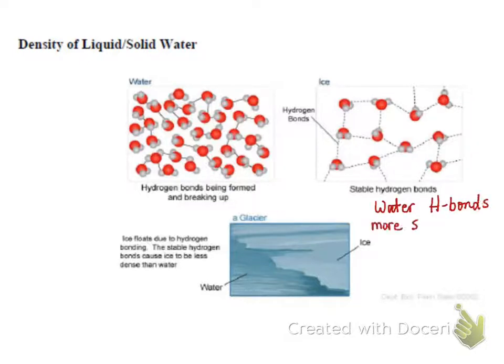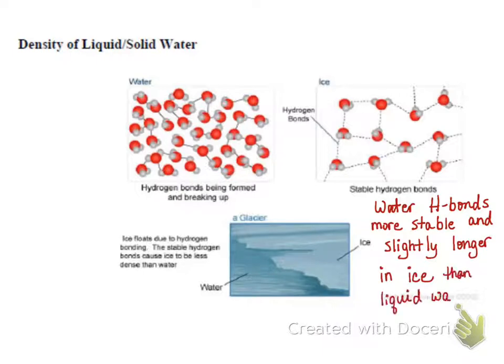So water hydrogen bonds are slightly longer in ice, and what this means is that ice is a little bit less dense than water because the molecules are a little bit further apart, lower density, and that's why ice floats. And this is very, very unique to water. Most solids do not float. Most solids sink.